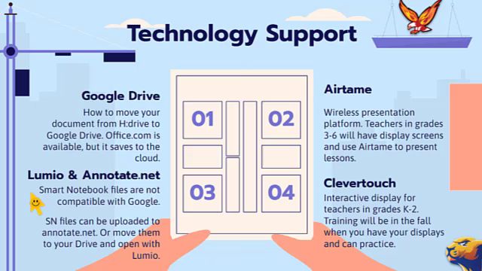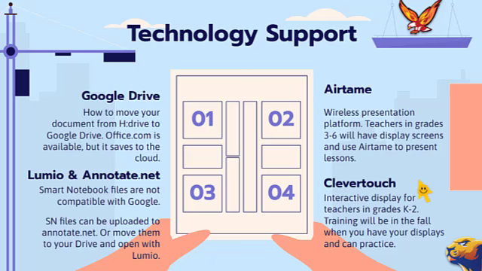What we're finding is Lumio is very nice to work with, and you can actually create new Smart Notebook type files in Lumio. Annotate, I'm still learning, so that is also another option. Airtame is the wireless presentation platform, so teachers in grades 3 to 6 will have display screens to use Airtame to present their lessons.